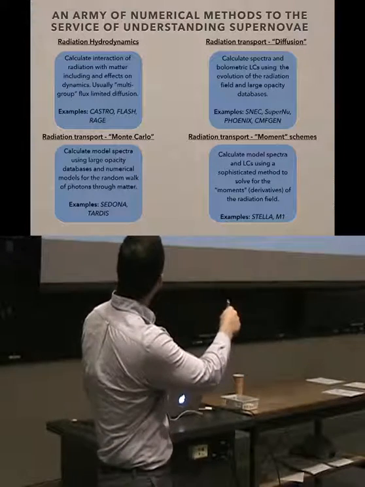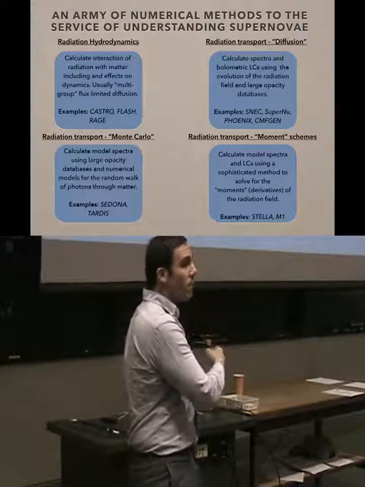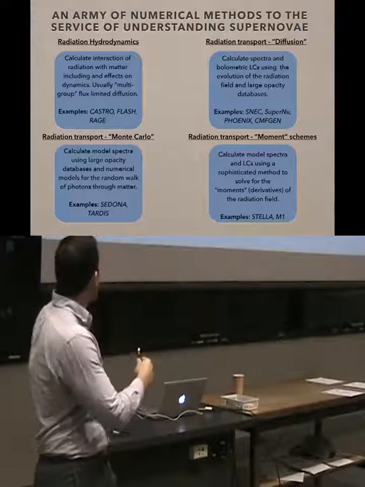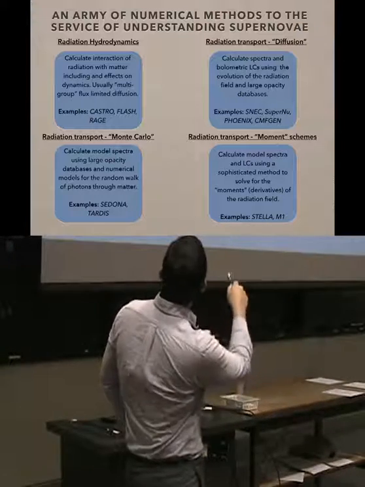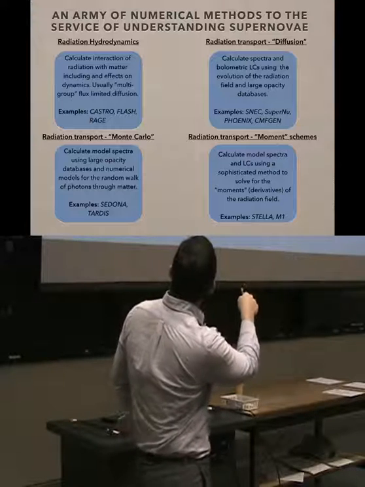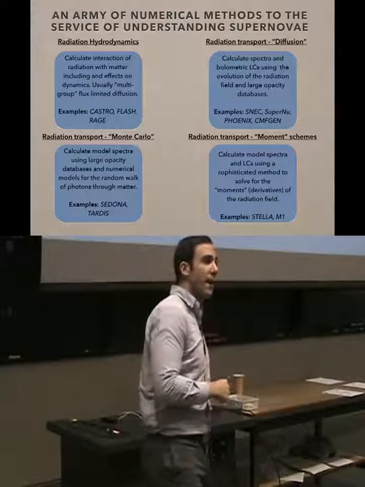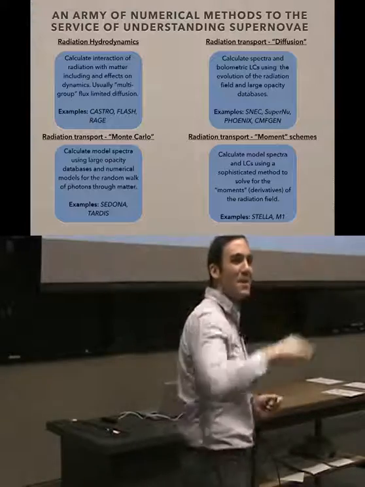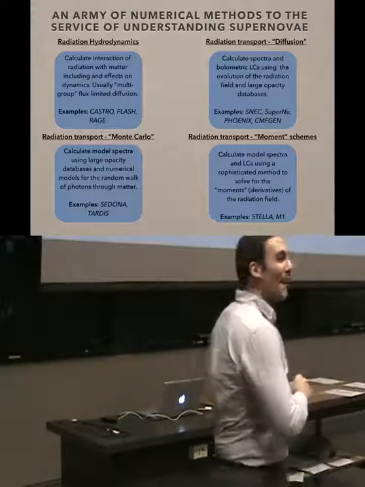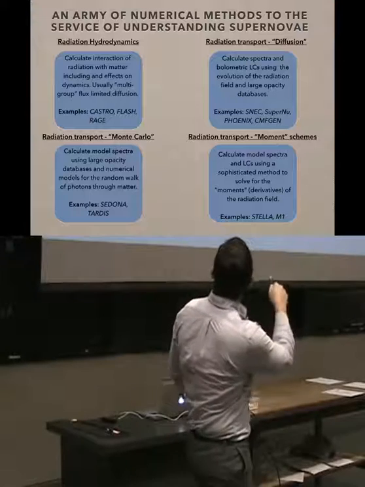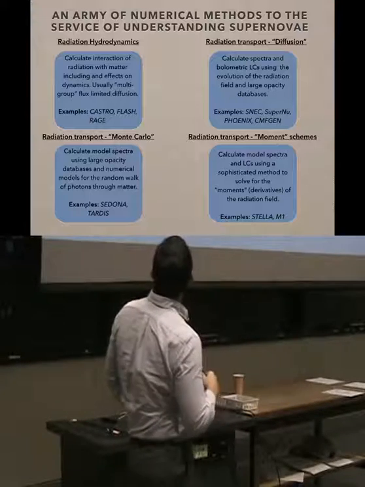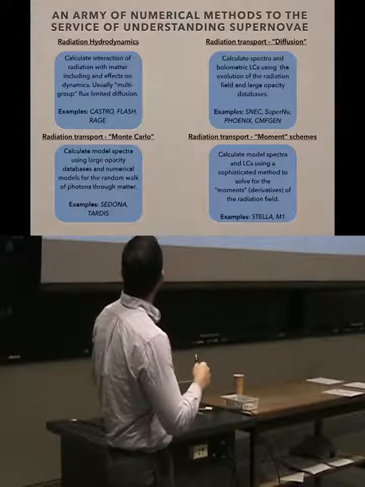This is FLASH. We're the FLASH Center for Computational Science here at the University of Chicago, so we like to advertise our code a lot. And FLASH can now do some sort of radiation hydrodynamics. Actually, me and my colleague who sits in the audience, Klaus, we are the ones implementing these new capabilities of FLASH to calculate the interaction of matter with radiation, including the effects of dynamics.